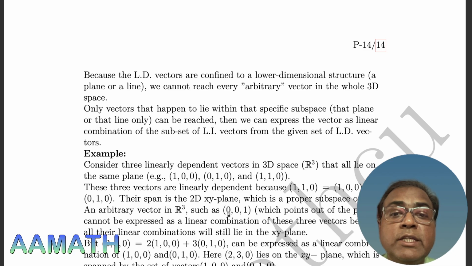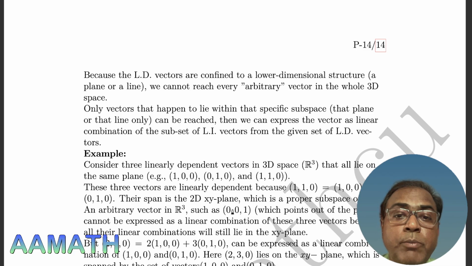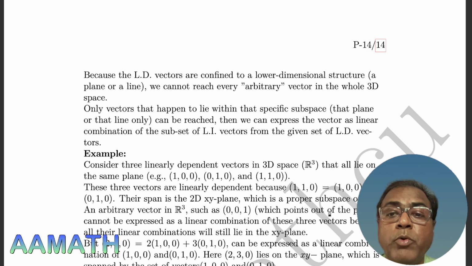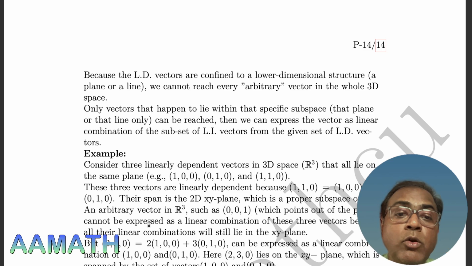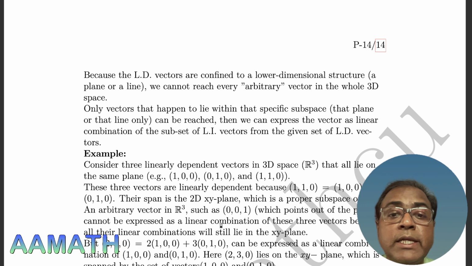Suppose (0, 0, 1), a point vector lying on the z-axis, outside of the xy plane. It cannot be expressed as a linear combination of these three vectors, because all their linear combinations will still lie in the xy plane.